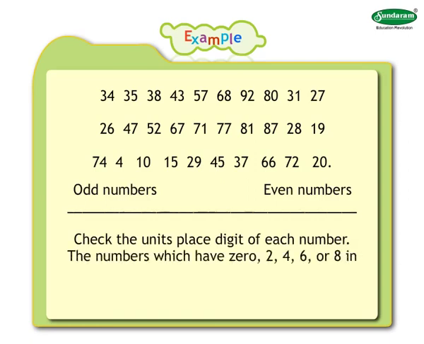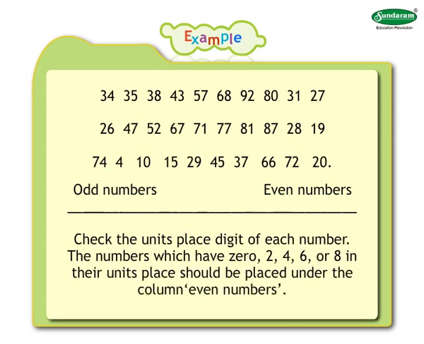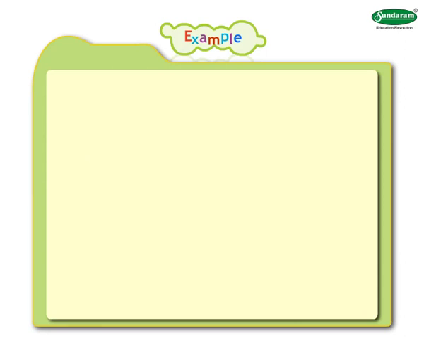The numbers which have 0, 2, 4, 6 or 8 in their units place should be placed under the column of even numbers.